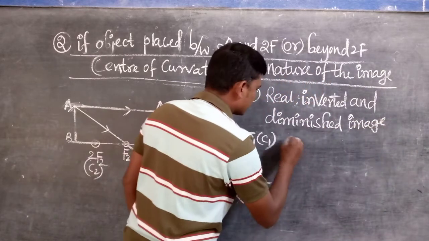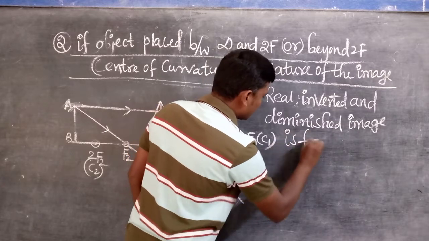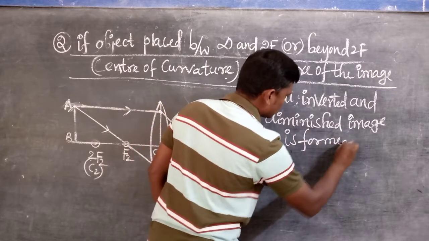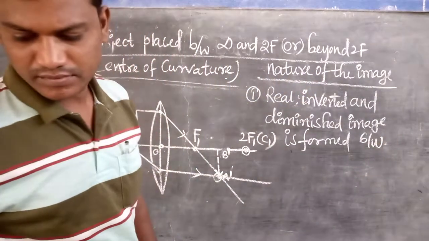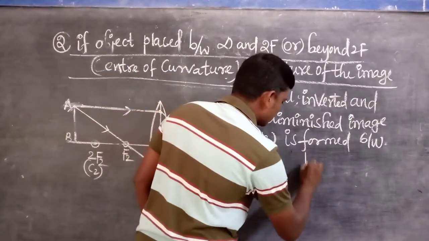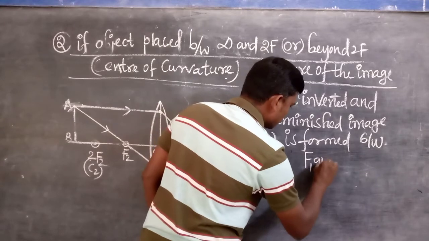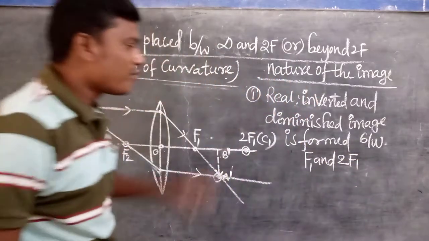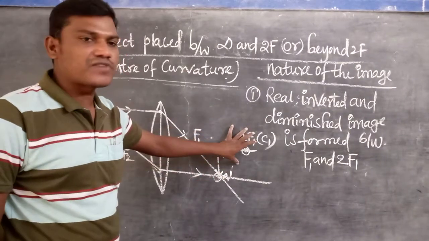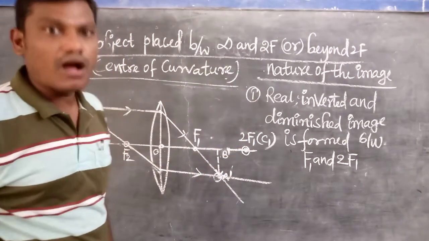Diminished image is formed between F1 and 2f1, or between focus and center of curvature, on the other side of the object.